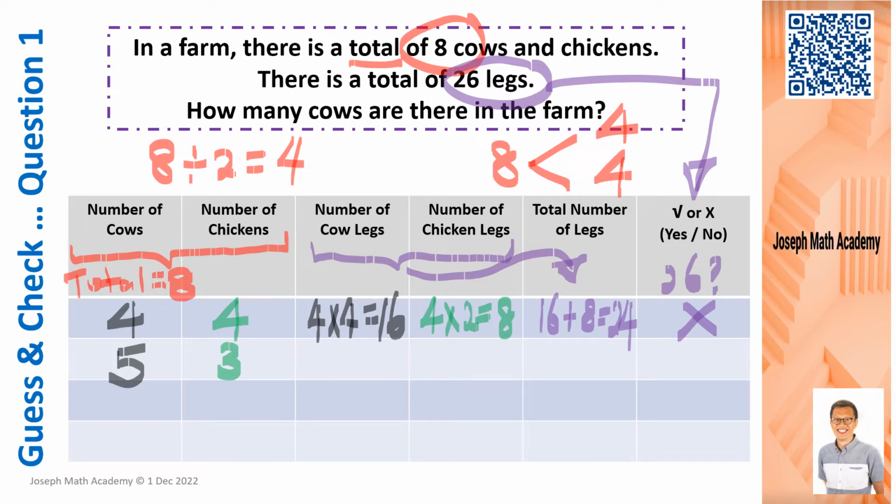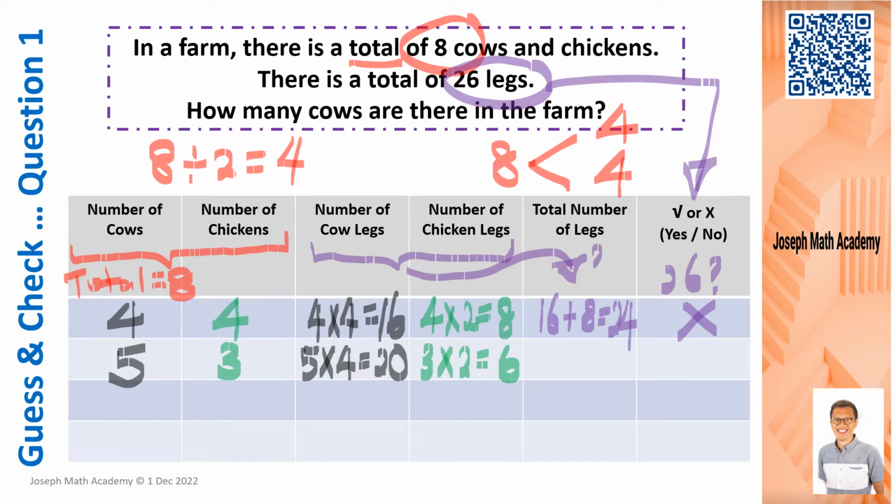Right? Okay. Now, go back to here. If there are 5 cows in our second guess, with 4 legs each, it is a total of 20 legs. If there are 3 chickens in the farm, each chicken has 2 legs. So 3 times 2, there will be 6 legs in total. We add up column 3 plus column 4 to give us the total.